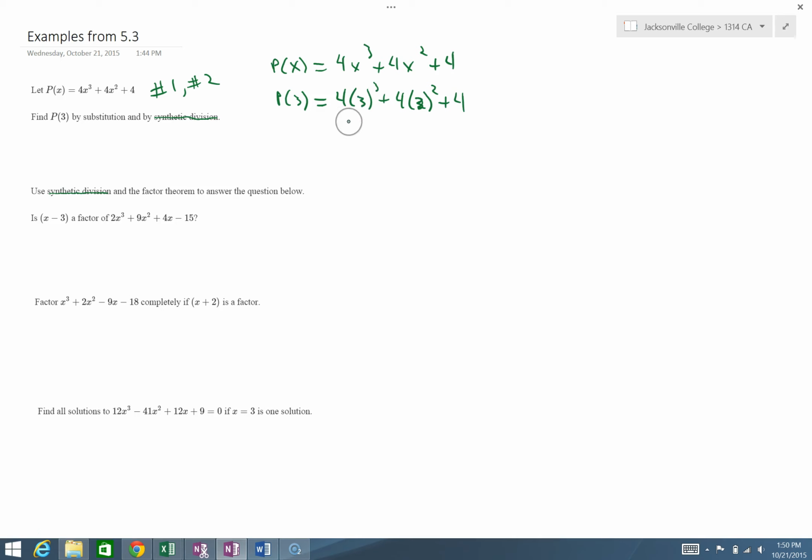I believe that's 108. 3 squared is 9 times 4 is 36 plus 4, and that's 40. I believe this will be 148. Forgive me if I made an arithmetic error there, but I think you can handle that. Simple substitution on the first couple. All right. Next.